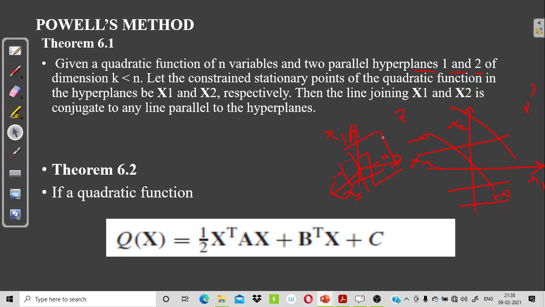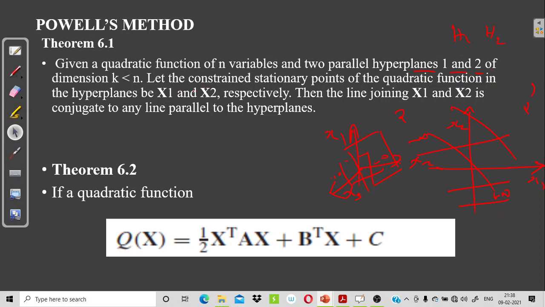Such straight lines in a two-dimensional space are known as hyperplanes, and in a three-dimensional space it is planes itself. Okay, and it is given a quadratic function of n variables and two parallel hyperplanes h1 and h2 of dimension k less than n, that we have defined.